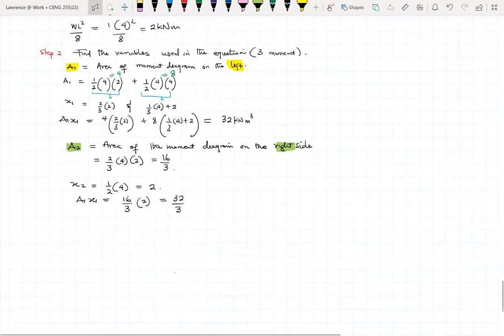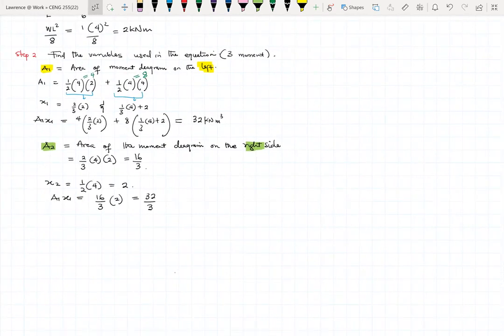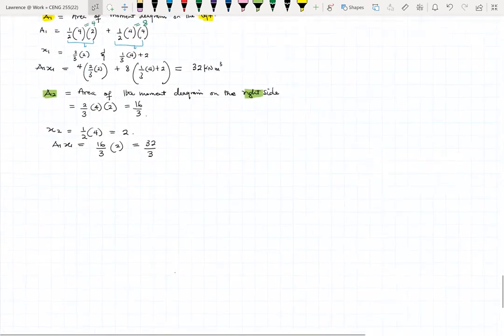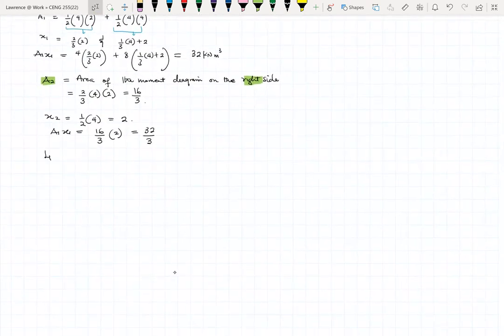Okay, so now I know my A1 x1. So again, L1 will be the length of AB, which is equal to 6 meters, and L2 will be the length of BC, which is equal to 4 meters.